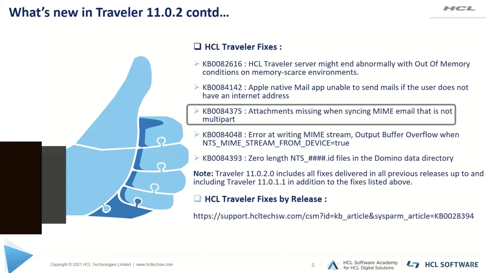If a MIME email is constructed in such a way that it is not multi-part but it has the MIME header and some files attached, Domino processes that email and from the Notes client you will be able to see the email with attachments. However, Traveler does not sync the attachments to the mobile device. Hence on the device you will see the email but not the attachments. This has been fixed in this version.